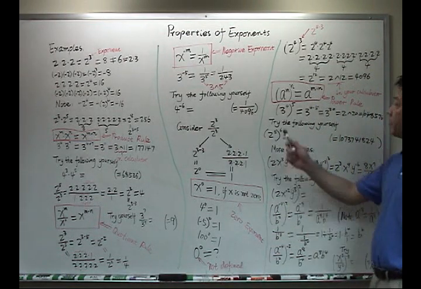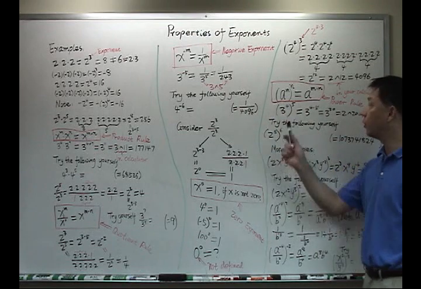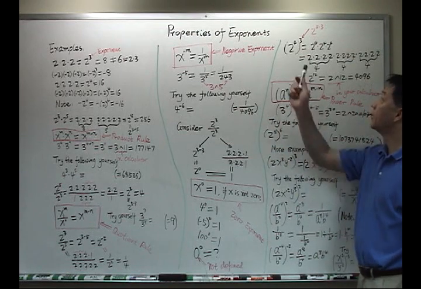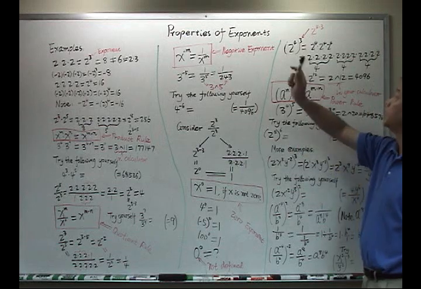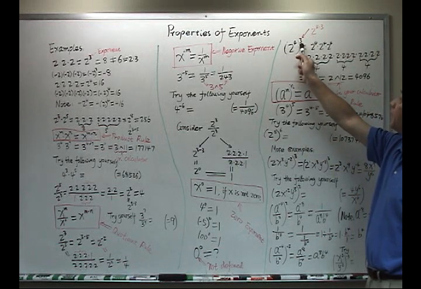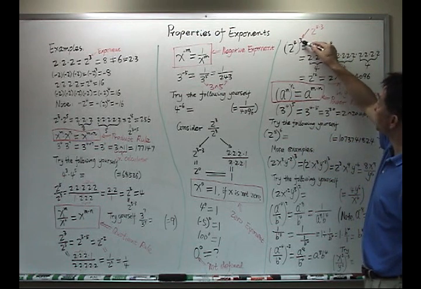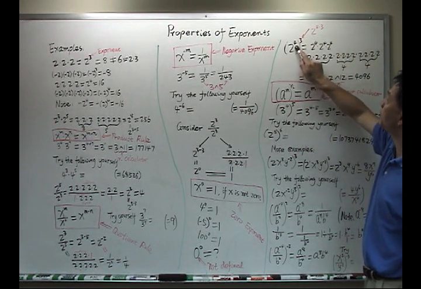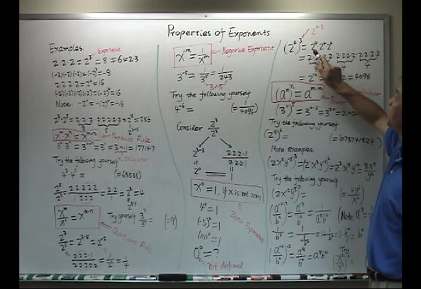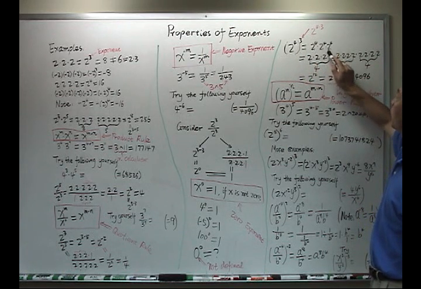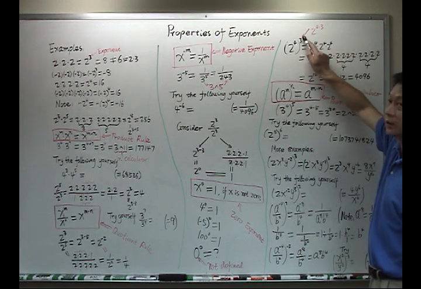Let's look at the fifth one, this one. Before we derive this one, look at this example. This is 2 to the 4th and then cubed. This exponent 3 tells us that 2 to the 4th repeats 3 times. So 2 to the 4th, 2 to the 4th, 2 to the 4th, 3 times because of this 3.